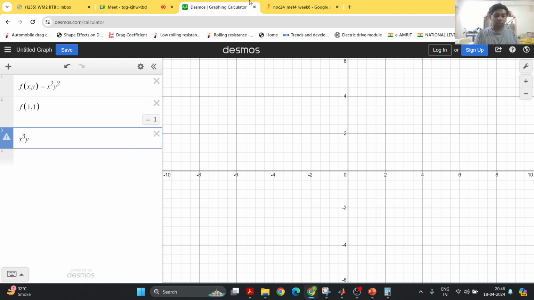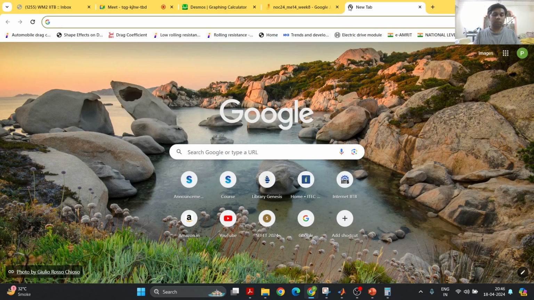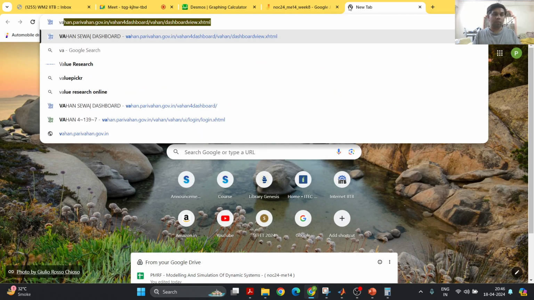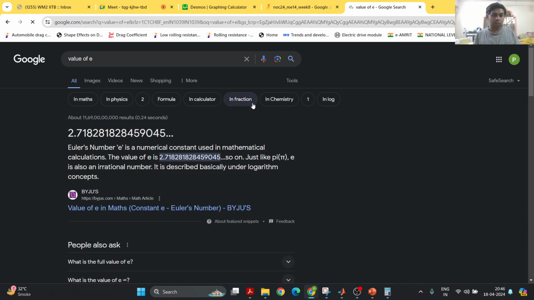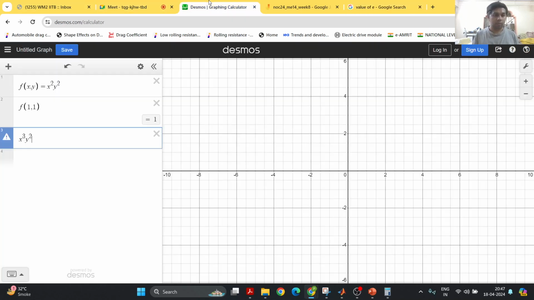I don't know whether it will recognize e. You have to type e equal to 2.71. I don't know whether it takes e there. 2.72 should be fine, right? Okay, so it doesn't know the value of e.